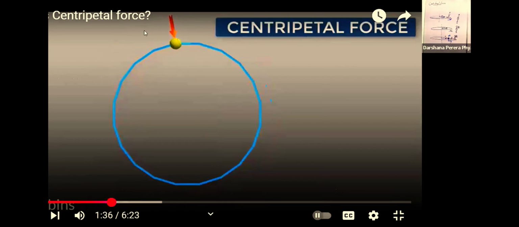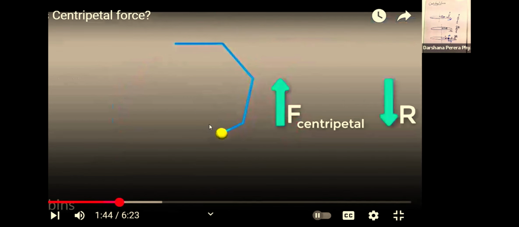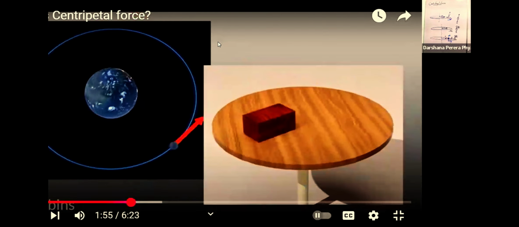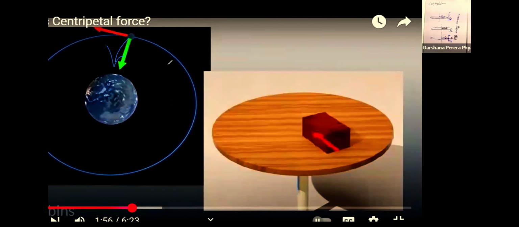This is the centripetal force. If an object wants to go in circular motion, it needs the centripetal force. This is the centripetal force. It is acting towards the center. The centripetal force in this case is F equals mu R, that means the friction force. In this case, gravitational force, G M1 M2 over R squared, gravitational force.